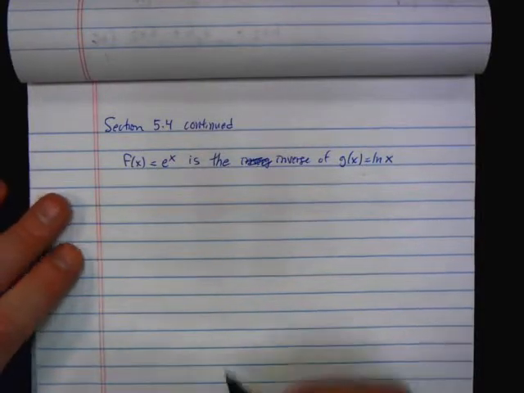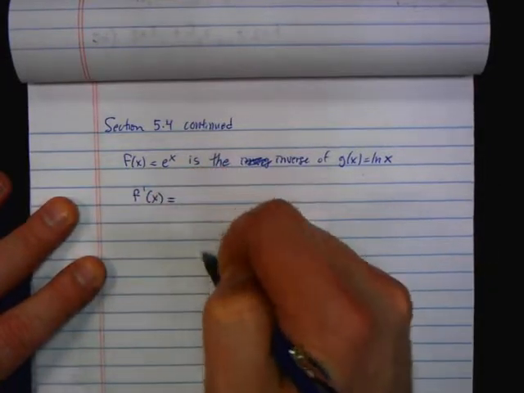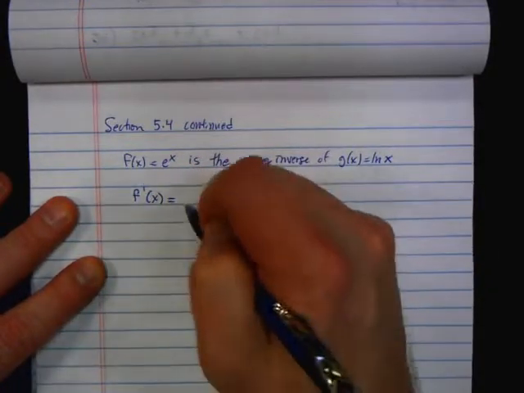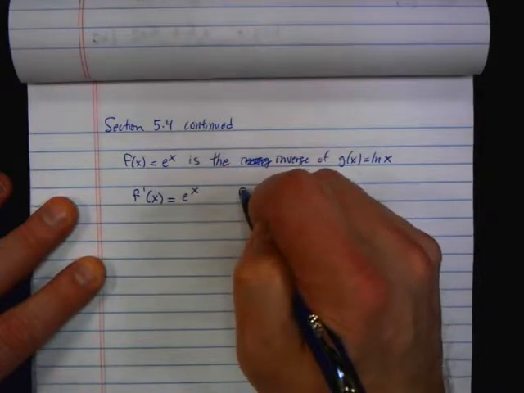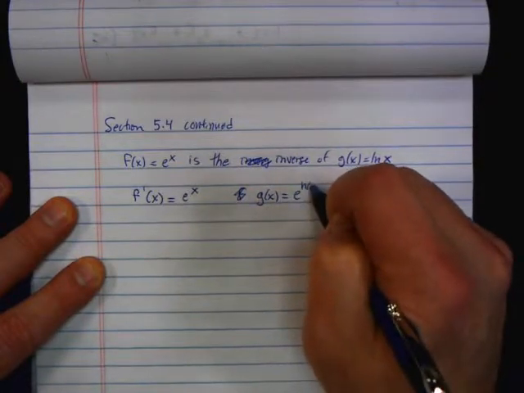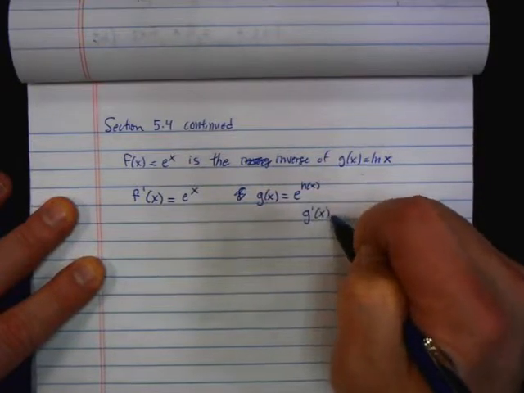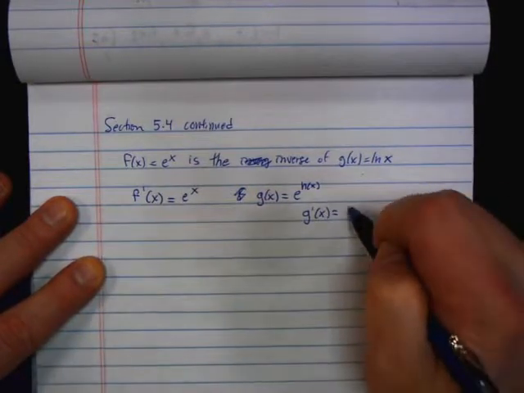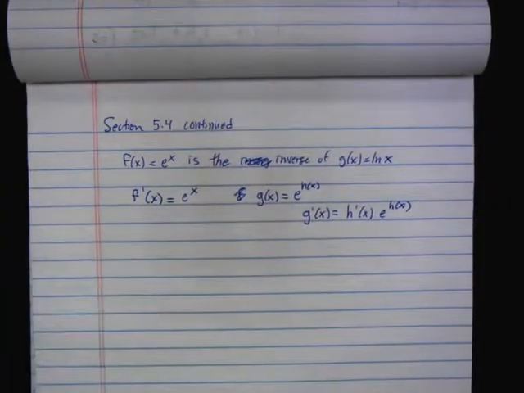And we did some stuff with derivatives. We found out that the derivative of e to the x was e to the x. And using the chain rule then, if g of x is e to some other function h of x, then the derivative, according to the chain rule, would be h prime of x e to the h of x.